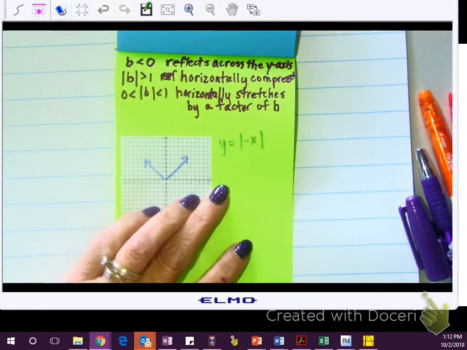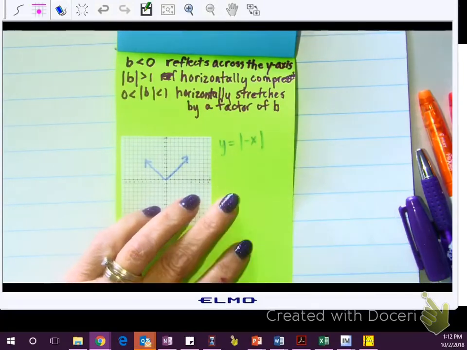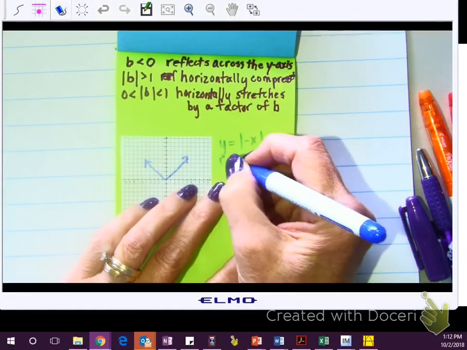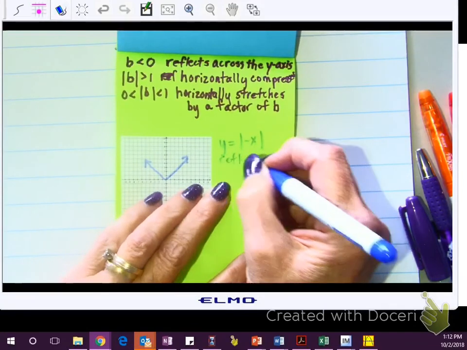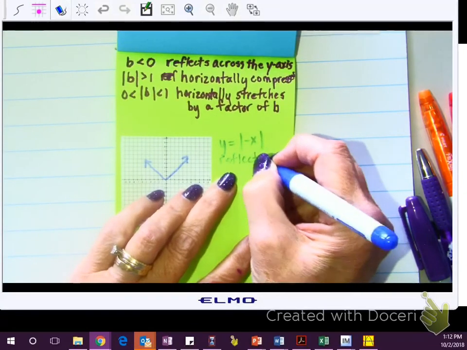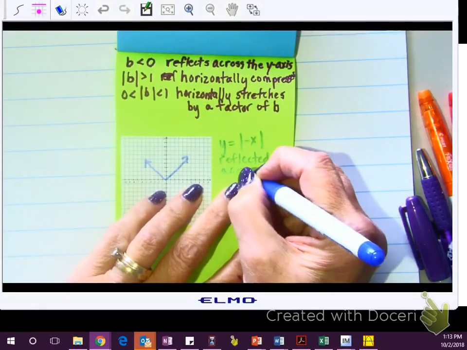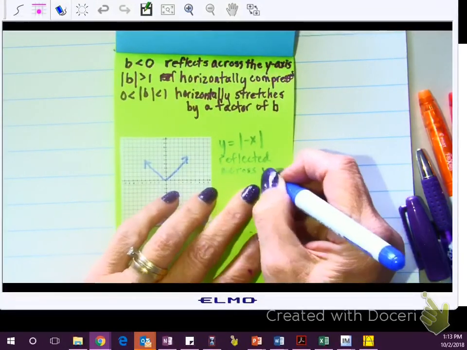Well, I'll go ahead and do the 3 that we're supposed to do. So this one is reflected across the y-axis.